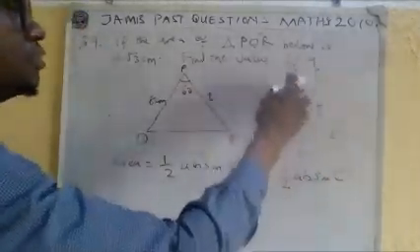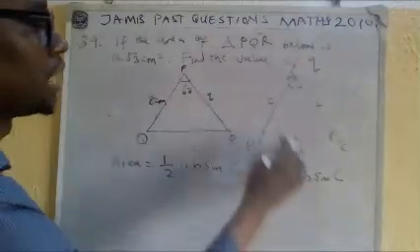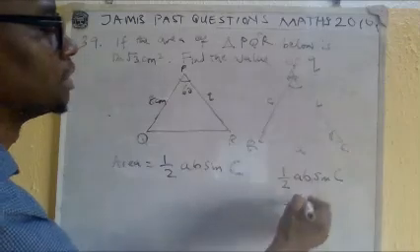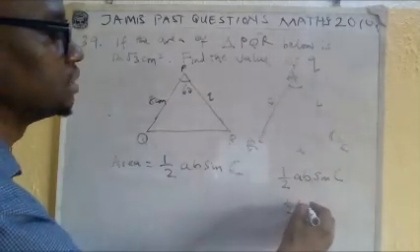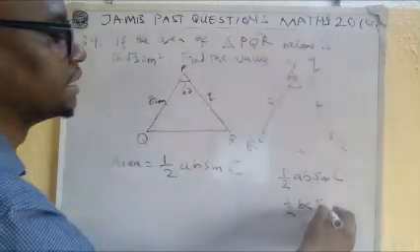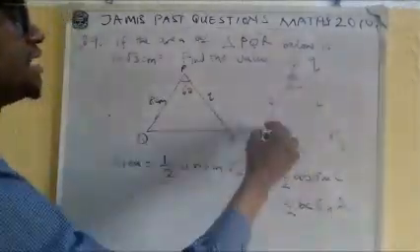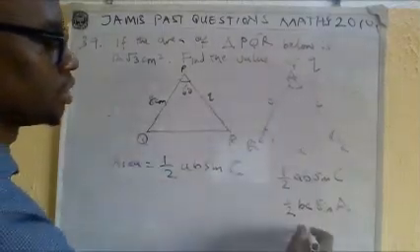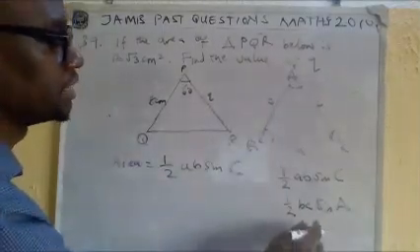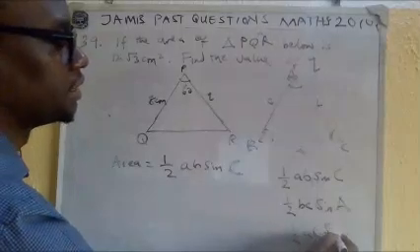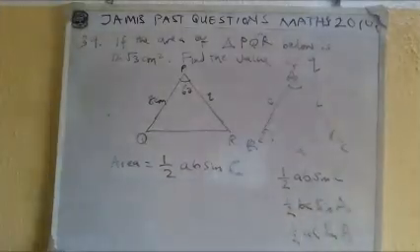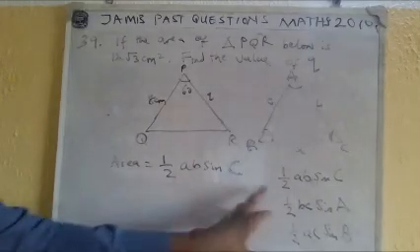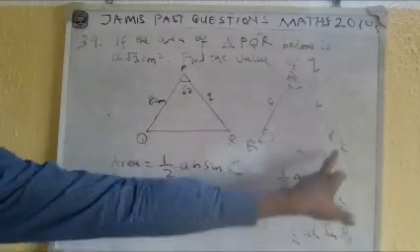If it's here we are given big A and these two sides, area is half bc sine big A. And if it's here we are given, area is half ac sine big B. So this formula should be followed carefully. That is why, as I wrote this one down, it applies to this one.